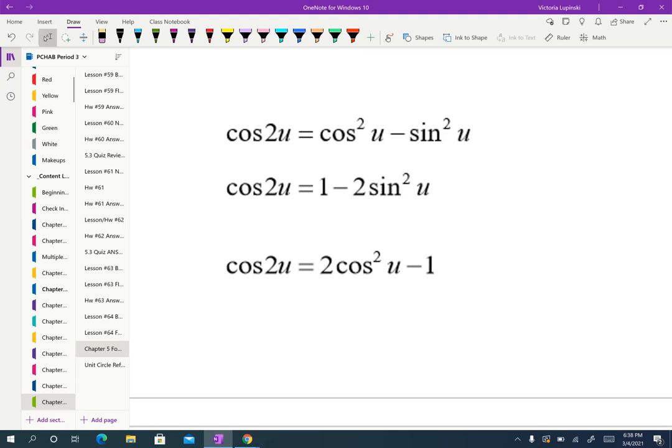While you could technically use any of them, there is one best, easiest choice glaring you in the face, and hopefully you realize that it's this one. Because your problem already has a cosine in it, why not choose the one that only has cosines, and then you should be good to go.